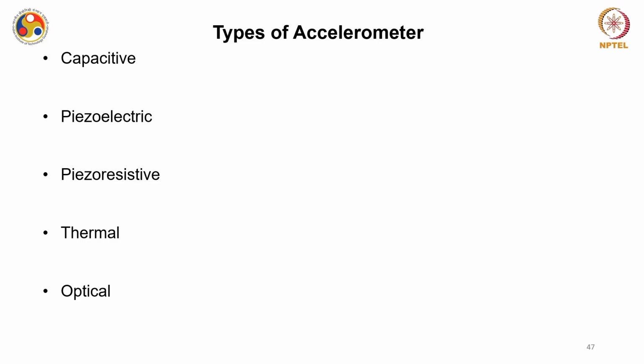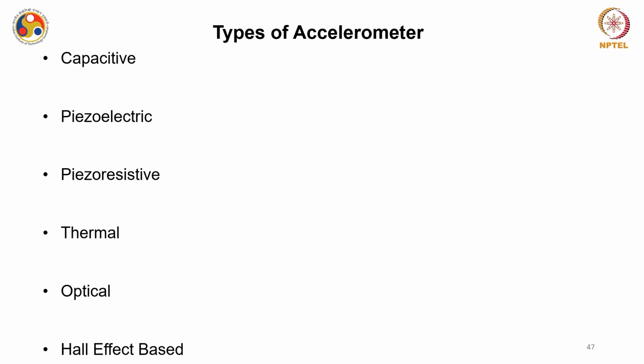We also have non-contact accelerometers based on optical principles, so we have optical accelerometers. And based on magnetic field, we have one kind of accelerometer known as Hall effect accelerometers.